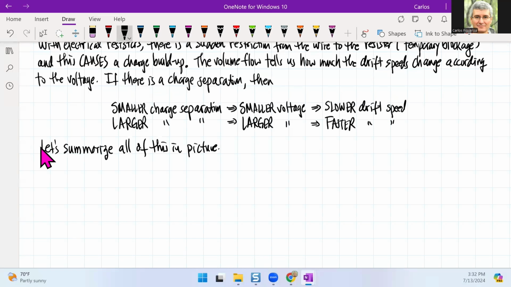The first thing that we have to look at is that for current to flow in wires, there must be a potential difference or a voltage.